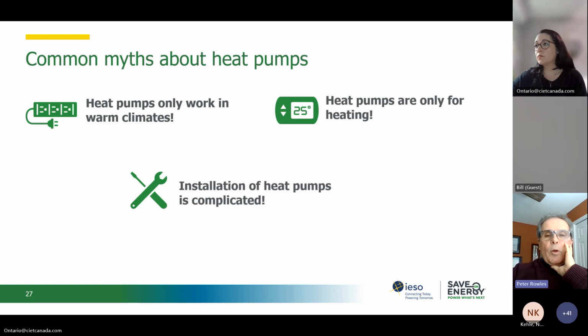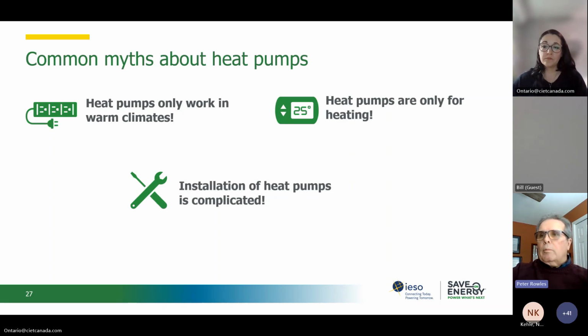They work well in warmer climates, but the newer cold climate heat pumps, and there are quite a few of them certified for cold climates, are capable of operating in cold regions. People may not be aware of them here as much, but they are out there.